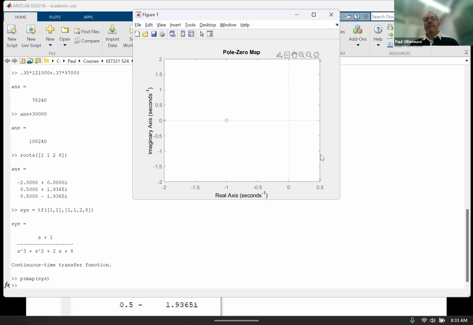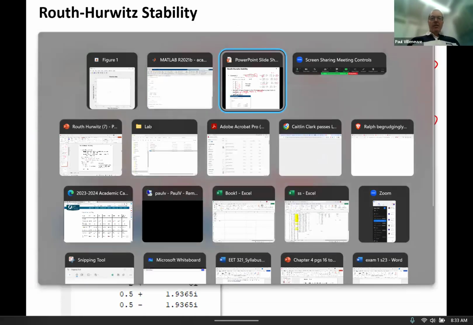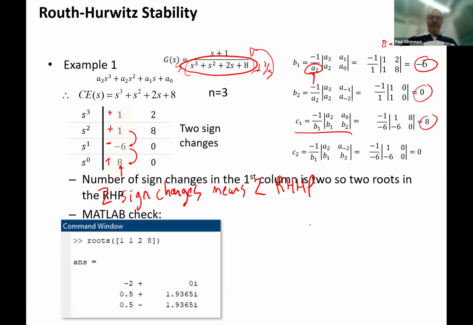If we have two poles, what we end up with for our expression is s plus 2, and this becomes s minus 0.5 plus j1.94.